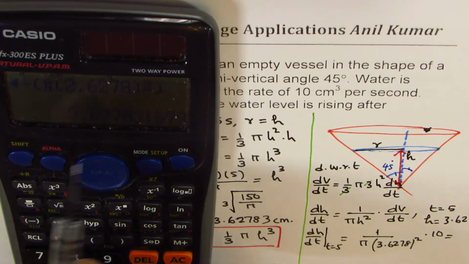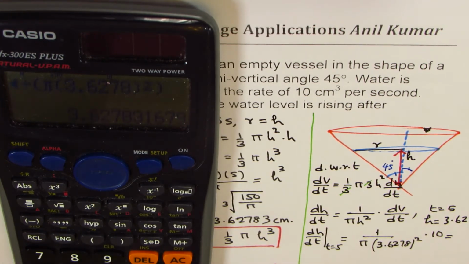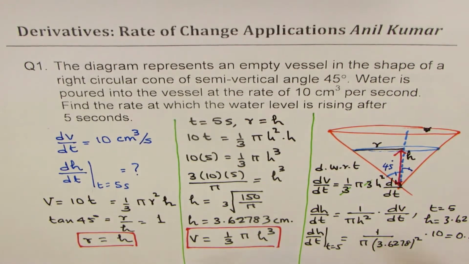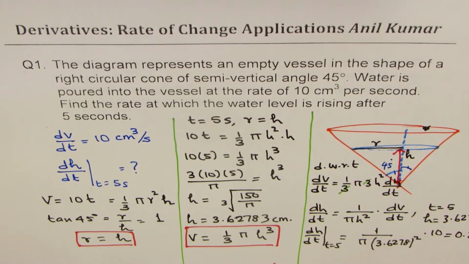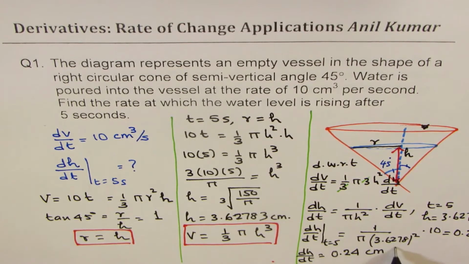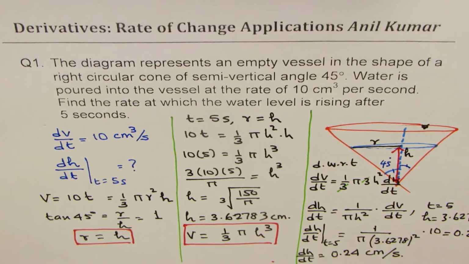Close the bracket. With all this as the denominator, we get our answer as 0.24, rounded to 2 decimals. So the rate of change of height is 0.24 centimeters per second. So that becomes the answer.